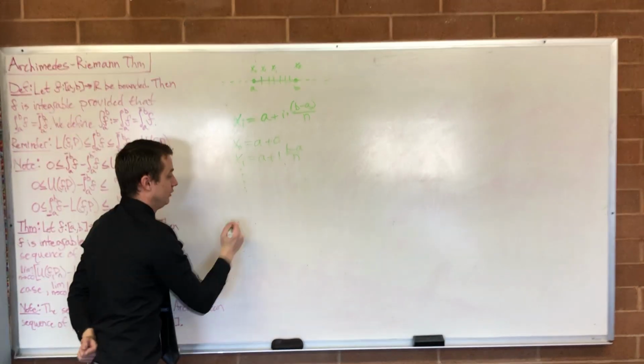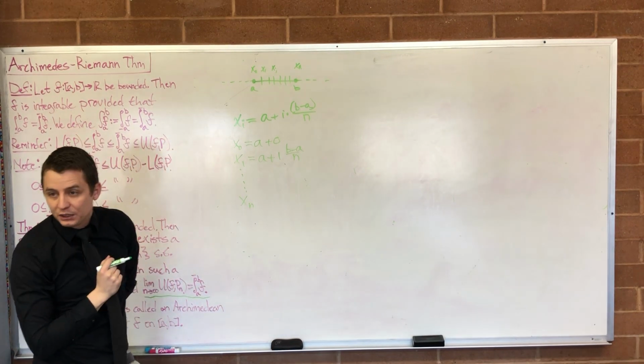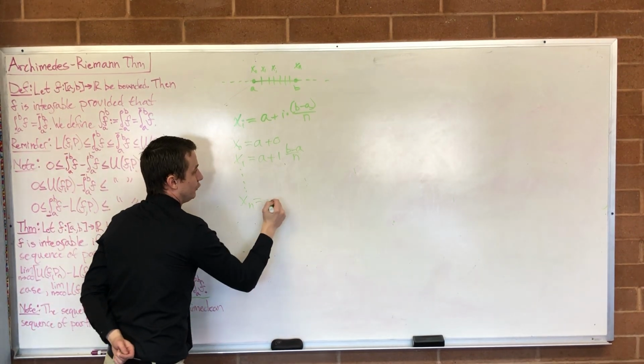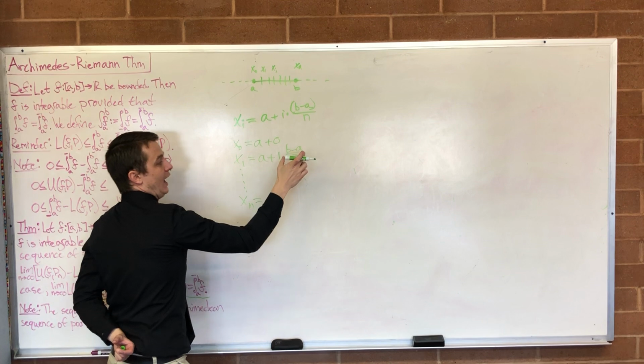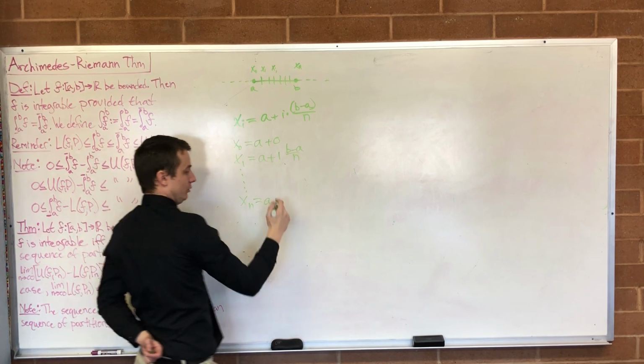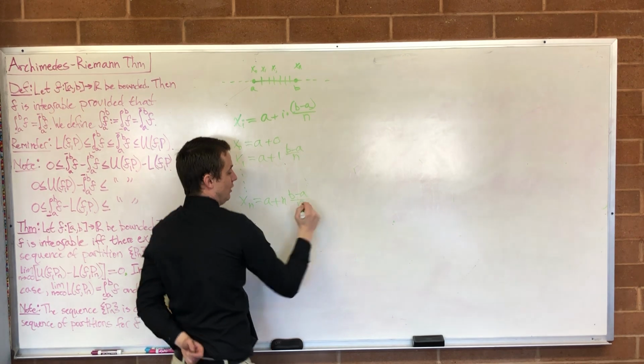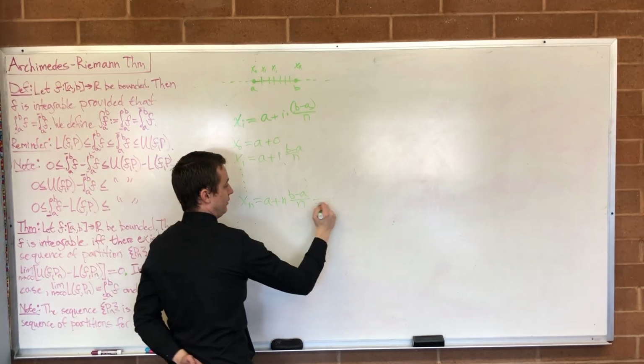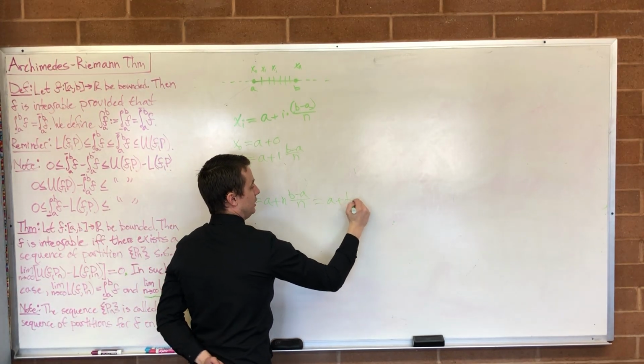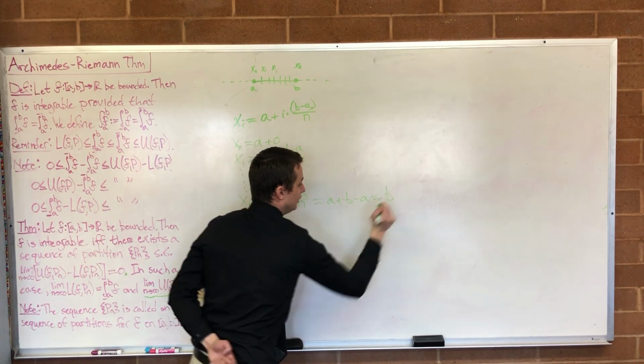Dot, dot, dot. My nth one, which we know is at b, is going to be what you get if you start at a, and then you add n of these intervals. The n's cancel out, so that's a plus b minus a, which is equal to b, just as expected.